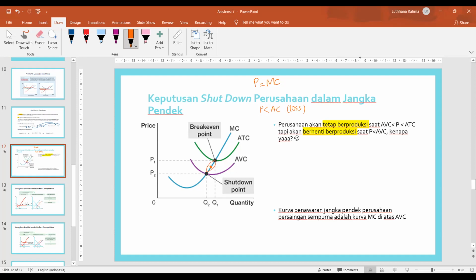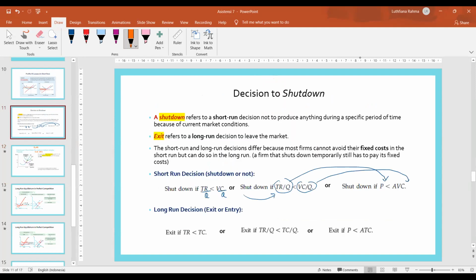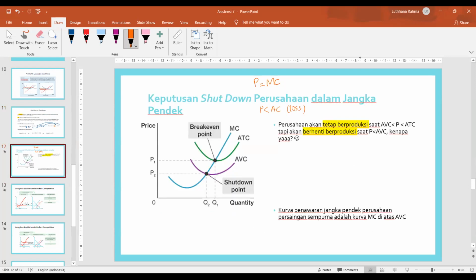But what happens if they are producing at the shutdown point? So remember this short run decision. If the price is below average variable cost, the firms will shut down. If it goes below this average variable cost, then the firm should shut down.